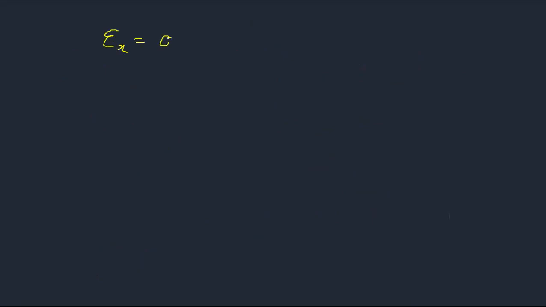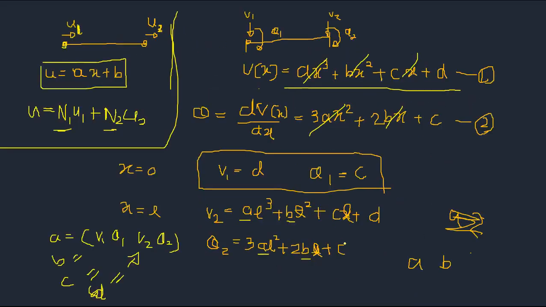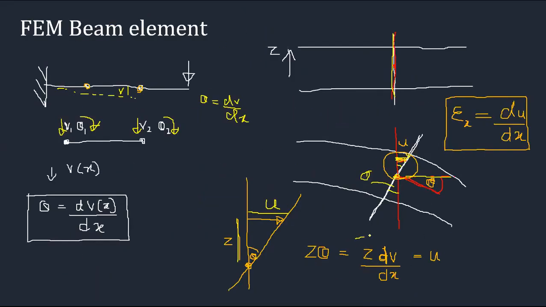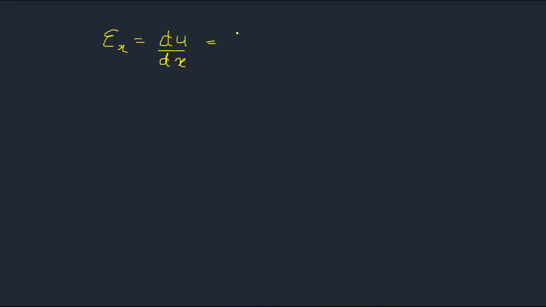Just for the case, you can rewrite epsilon x is equal to du over dx, right? So your u was, you remember what was u, this term, right? z dv over dx, right? You can take z out.